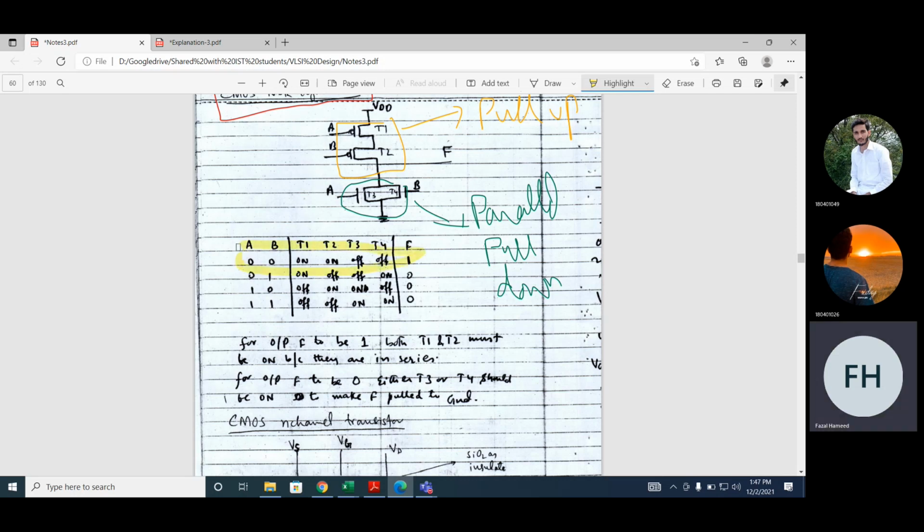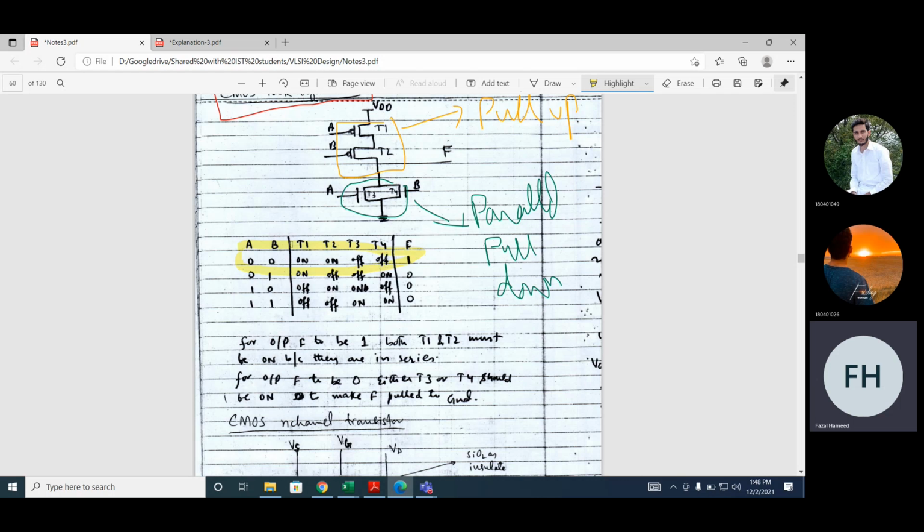The output will be 1 when A is 0 and B is 0, because it is active low logic. This way we can implement a 2-input NOR gate.